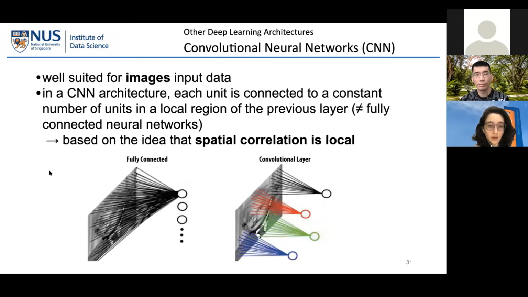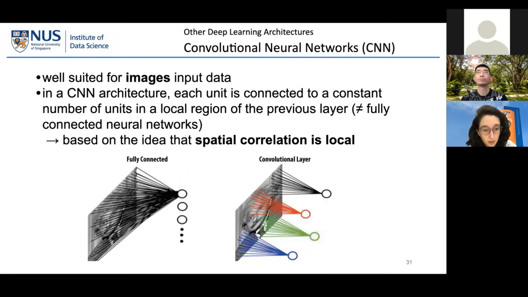So let's have another example with an image. I don't know if you can see very well here, but it's an image of Albert Einstein. So basically, this is how you could represent passing this input image to a fully connected model.